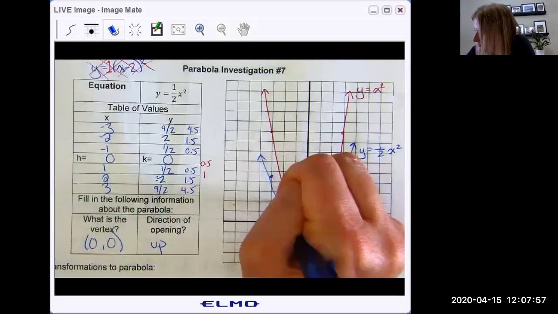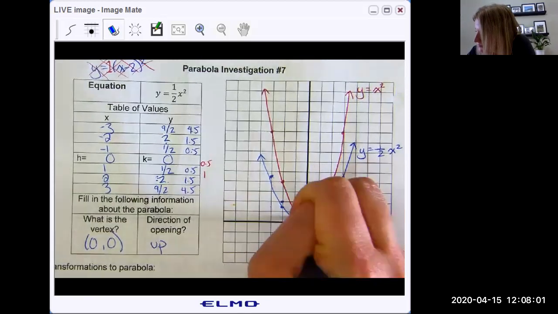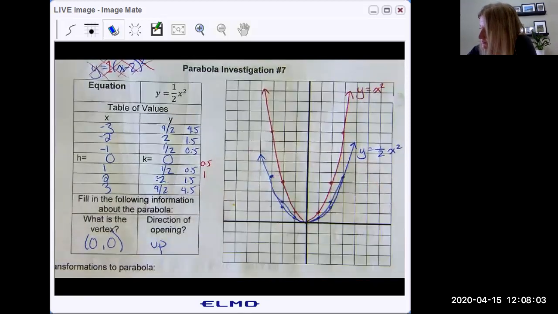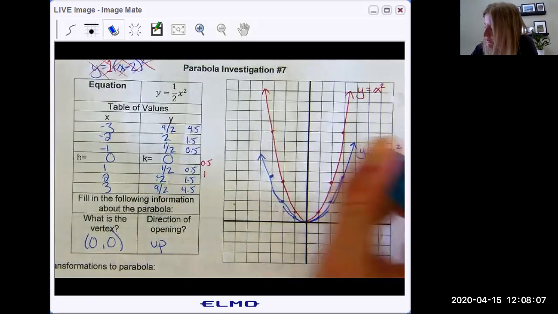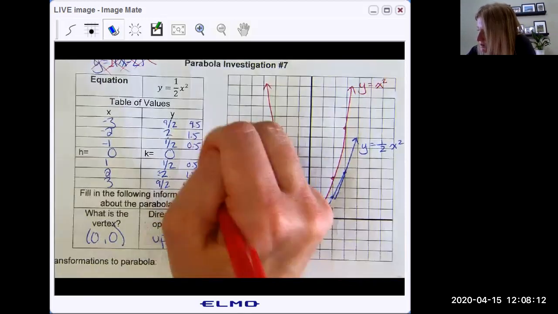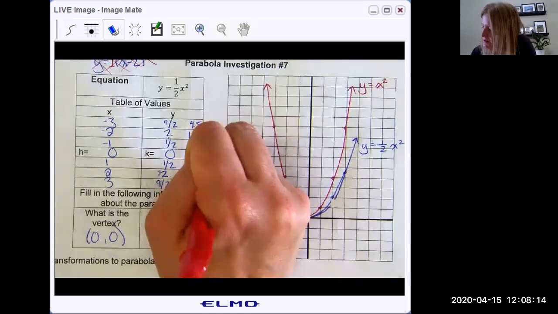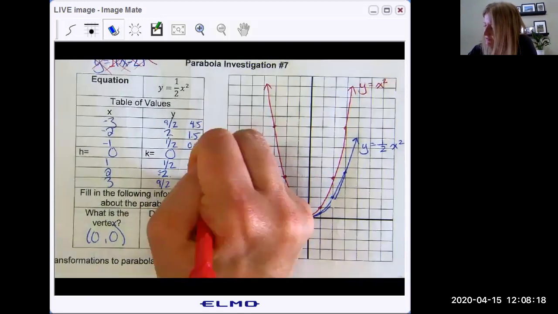Sorry, guys. Okay, so a step pattern. We went up by 0.5, then 1.5, then that is 2.5.